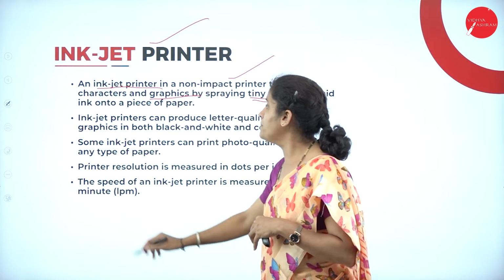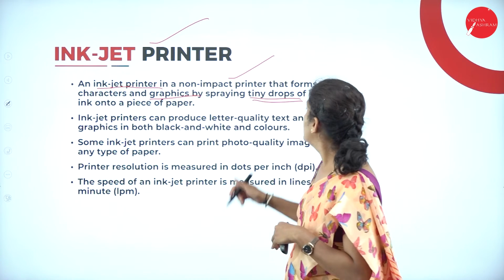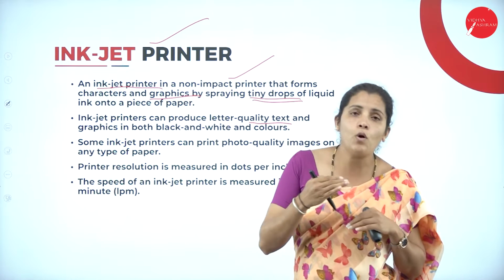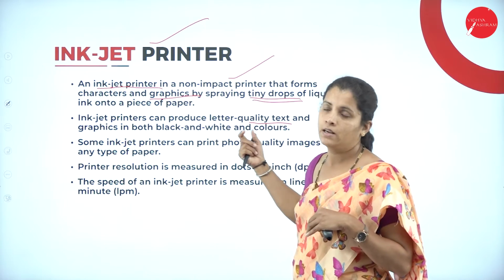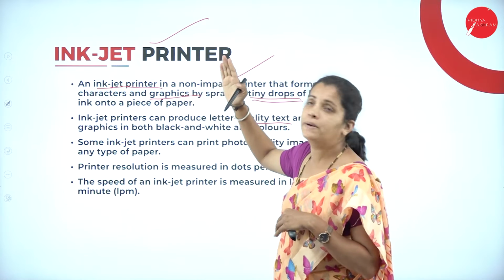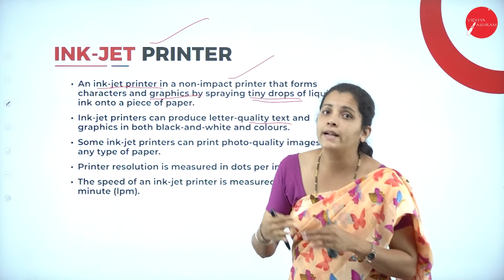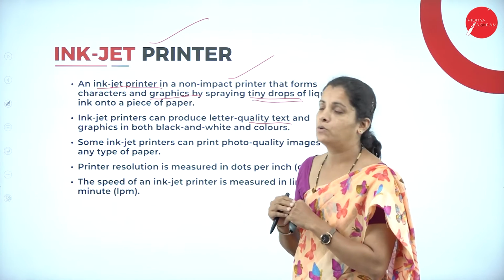At the same time, an inkjet printer can also produce letter quality text and graphics in both black and white and colors. That means in an inkjet printer, it is possible to take a black and white printout. At the same time, it is possible to take a color printout.